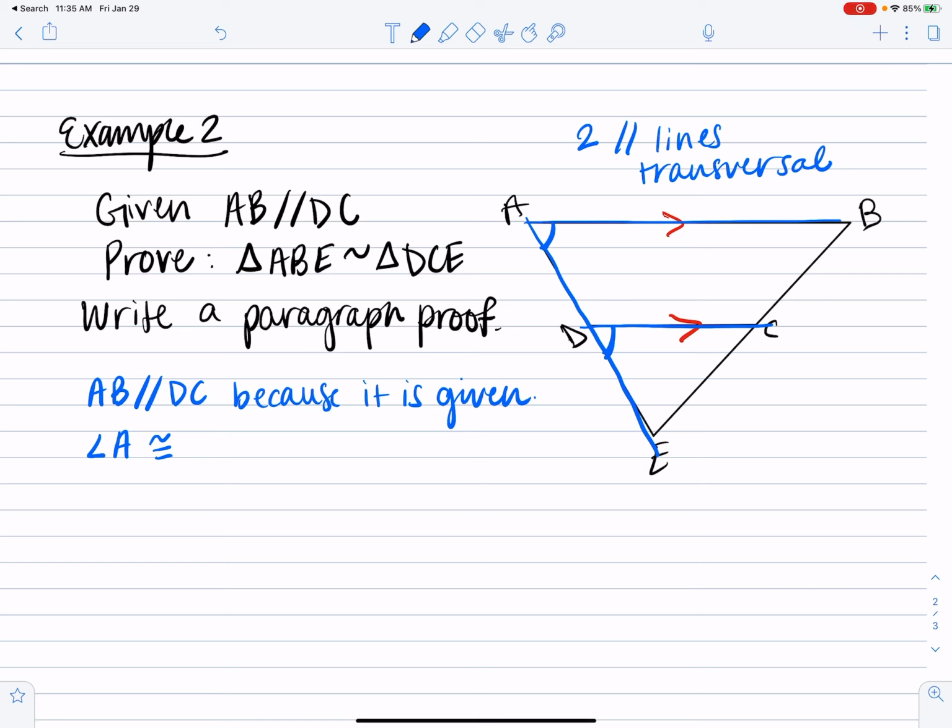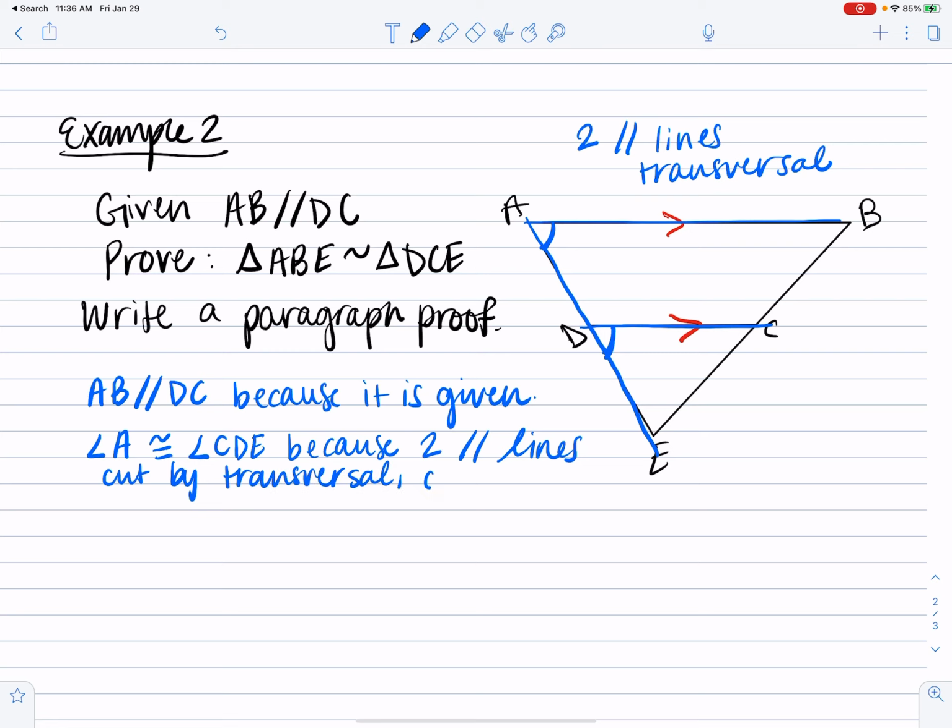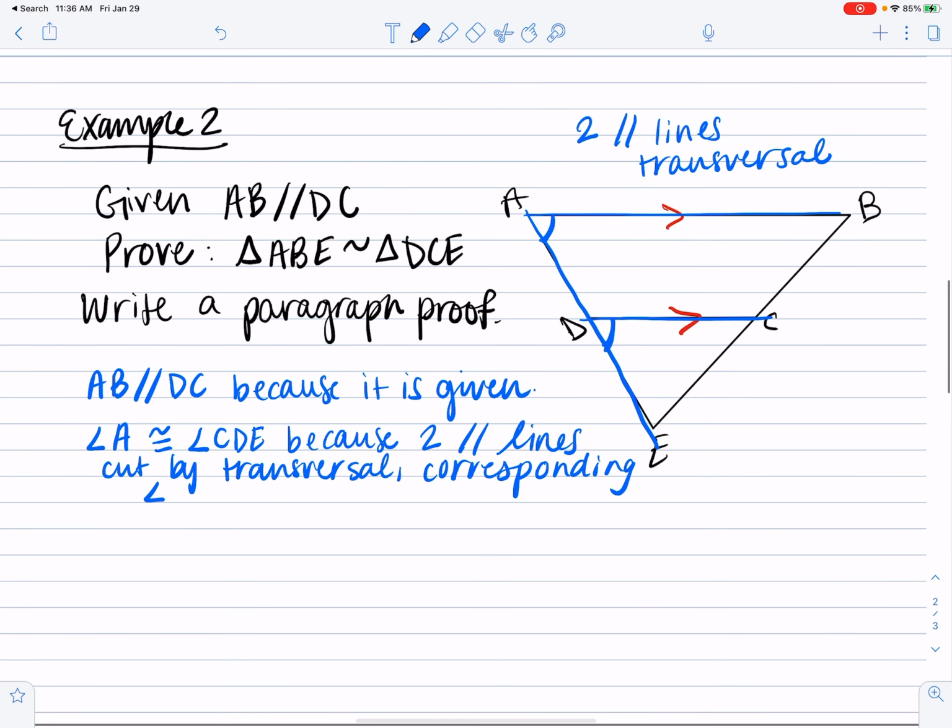So you actually need to say is congruent to angle CDE, because two parallel lines cut by a transversal, corresponding angles are congruent.